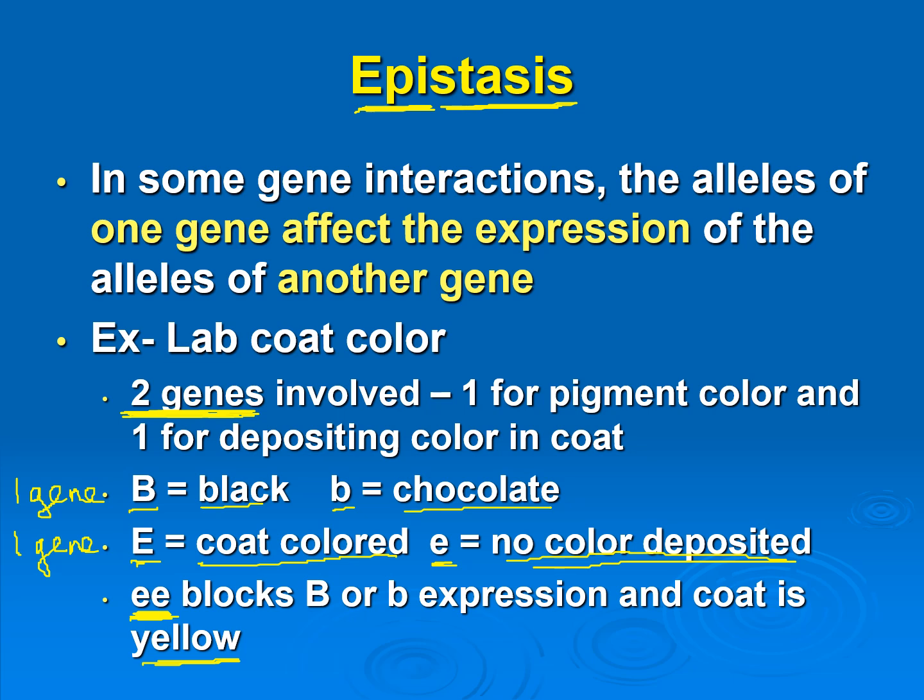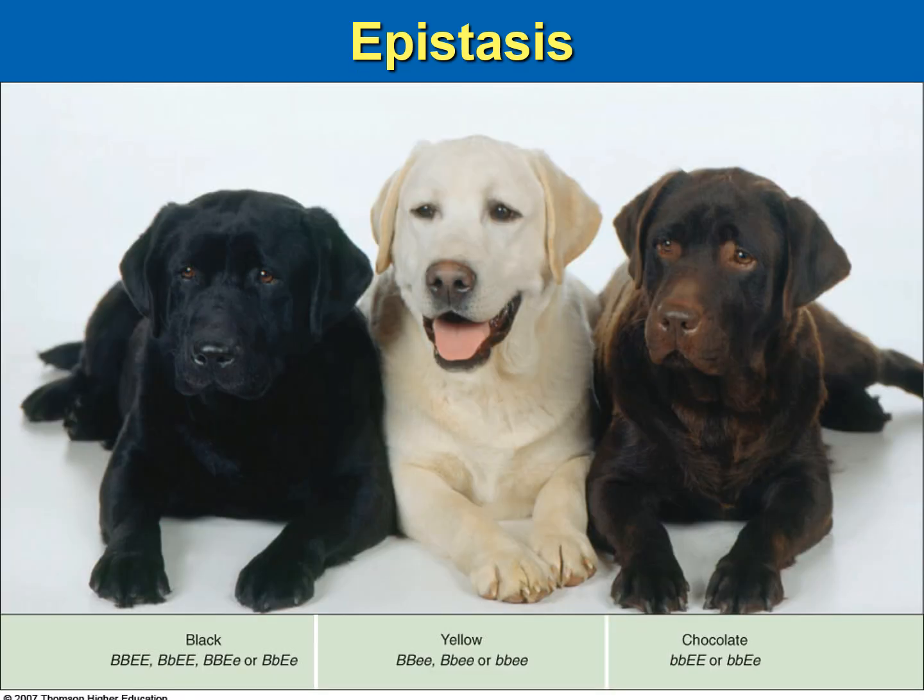Okay, so let's take a look at epistasis. All right, so here are the possible genotypes for if you were a black lab or a yellow lab or a chocolate lab. And notice for the yellow lab, this E gene is homozygous recessive, and it says, I don't care if you're supposed to be black or chocolate, you're not putting that color down and you're going to be yellow.